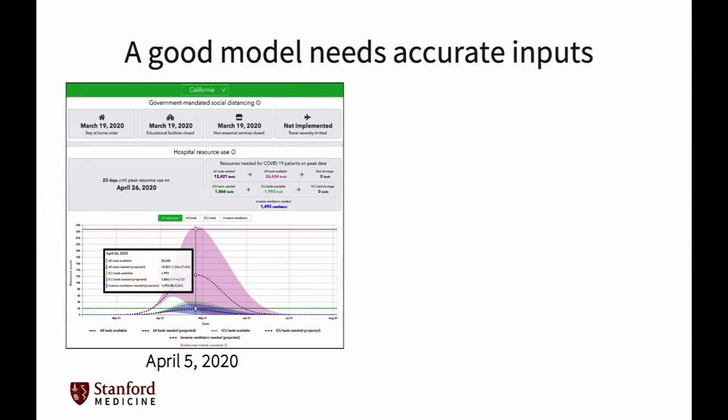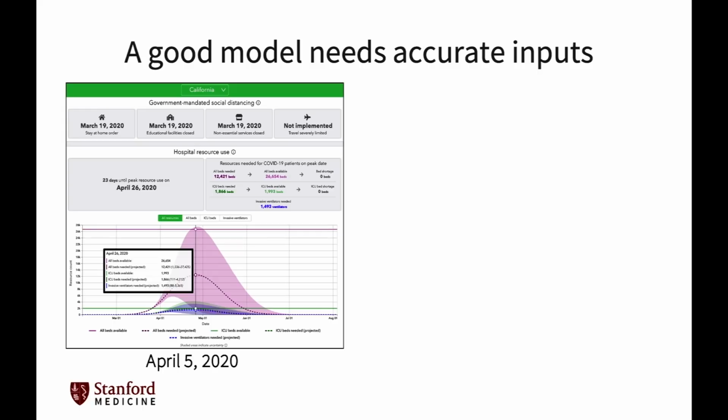Thank you, Andra. So today what I would like to share with you is how modeling can help us make sense of what's happening around us. For example, let's look at a model from the Institute of Health Metrics and Evaluation in Seattle. We're looking at the model output as of April 5.